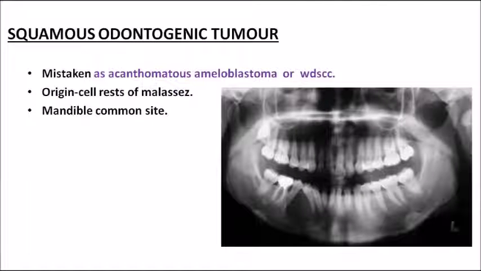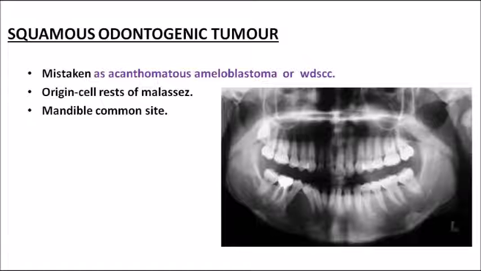Clear? Now coming on to the second important odontogenic tumor, that is squamous odontogenic tumor. Squamous odontogenic tumor is often mistaken as what? Acanthomatous ameloblastoma or well differentiated squamous cell carcinoma. So this is the radiological picture. The most common site is mandible. You can see in that radiograph, in the mandible between the premolars, the radiolucency.